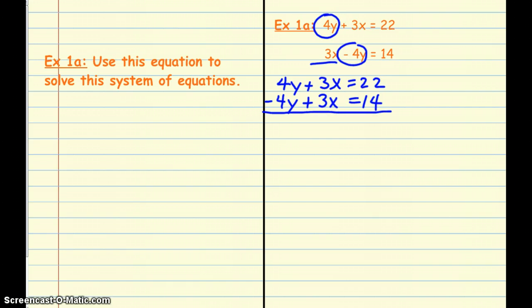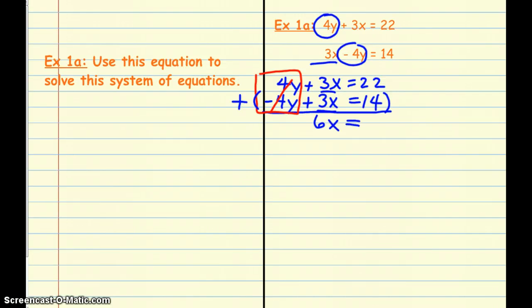Now, as you can see, I have these two opposites, 4y and negative 4y. They're stacked on top of each other, and when we add opposites, they cancel, so they are eliminated. And we're going to add these two equations together, and 4y plus negative 4y is 0y, and 3x plus 3x gives us 6x.